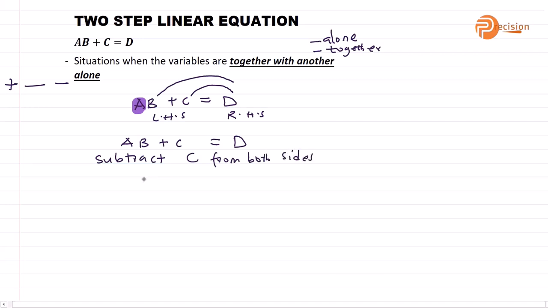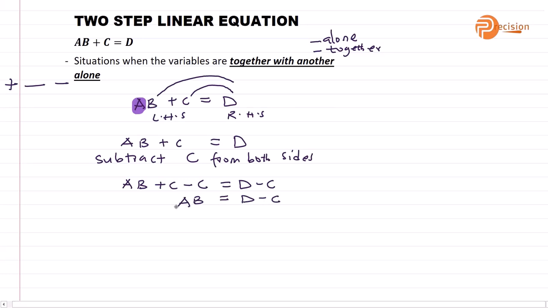So we have ab plus c minus c is equal to d minus c. Make sure you do that on both sides of the equation. So at the end of the day, c minus c just goes away, and I'm left with ab is equal to d minus c.